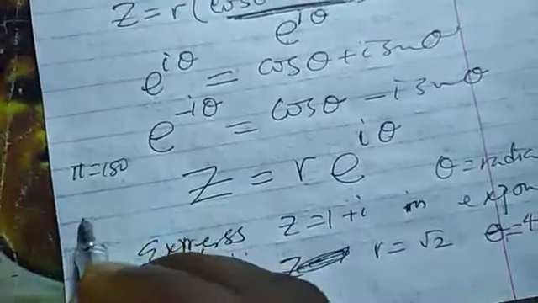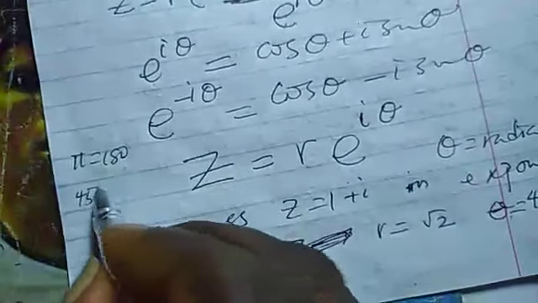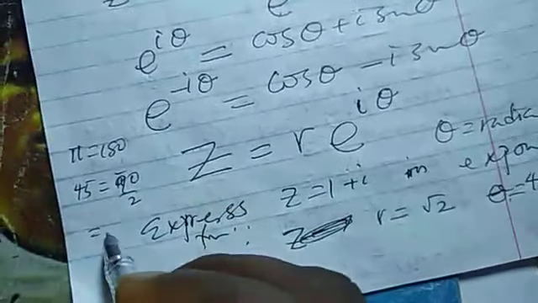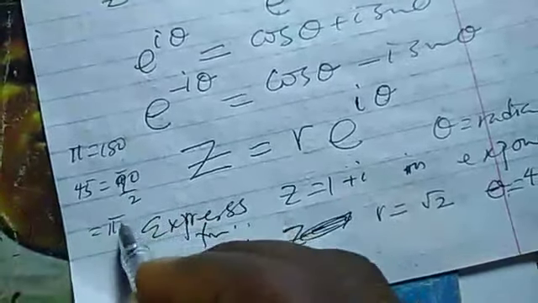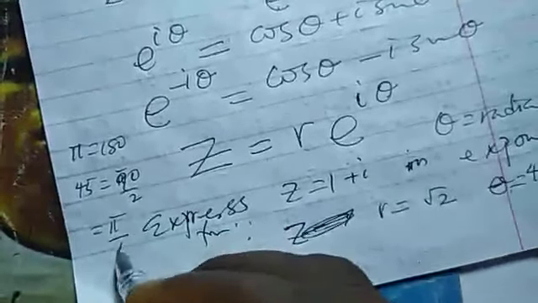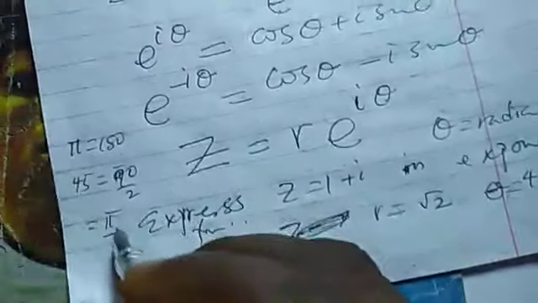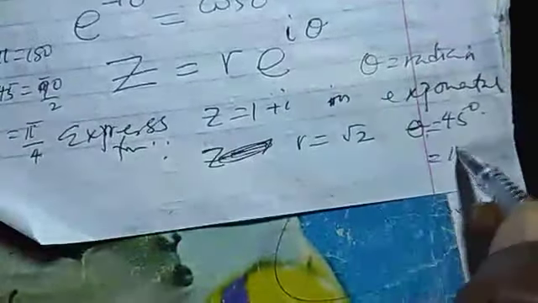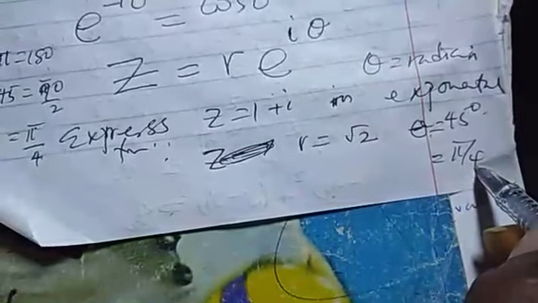Remember, I said the other time that pi simply means 180. So we should know that 45 is just 90 divided by 2, which is pi over 4. That is 180 divided by 4, which is 45 degrees. So in that case, our theta is pi over 4.